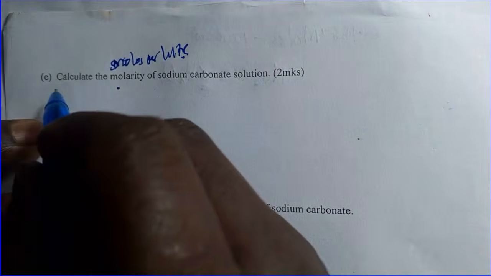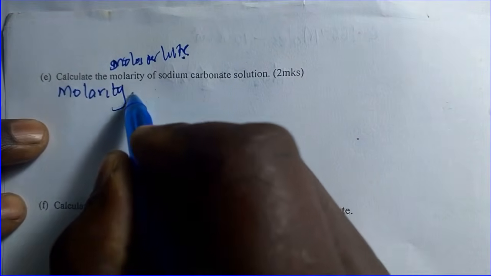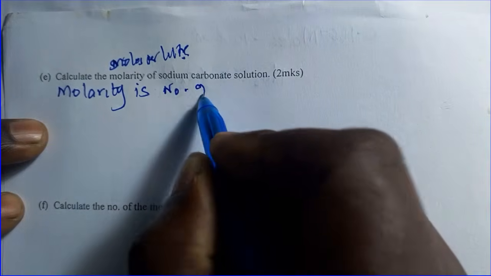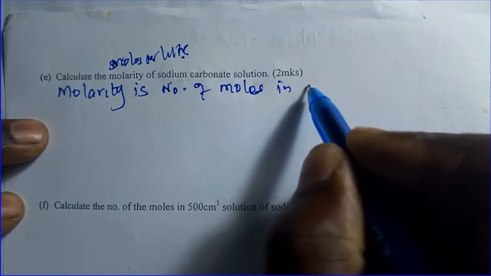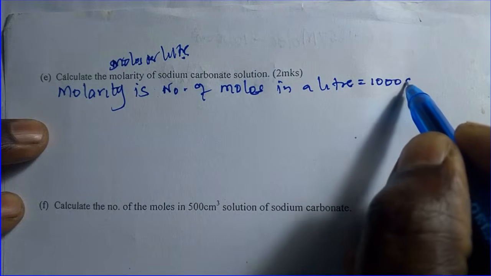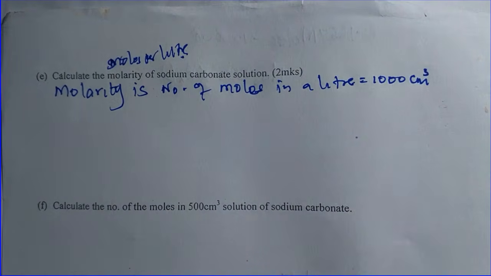And the molarity, it is important to understand the definition, is the number of moles of a solution in a liter. A liter is equal to 1,000 centimeters cube. When you have this knowledge, everything becomes very simple.